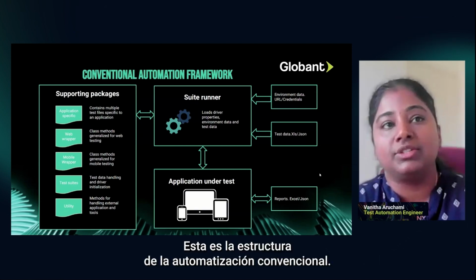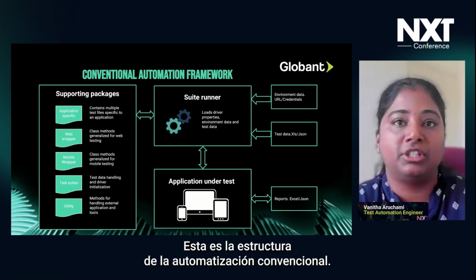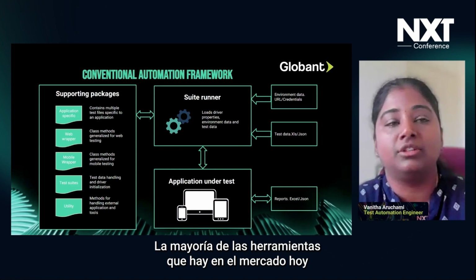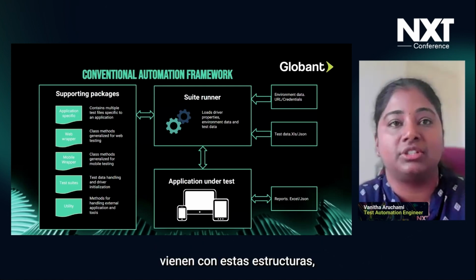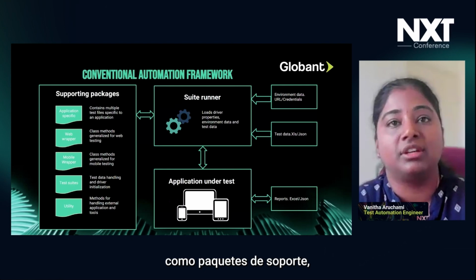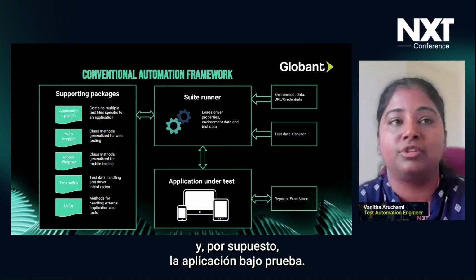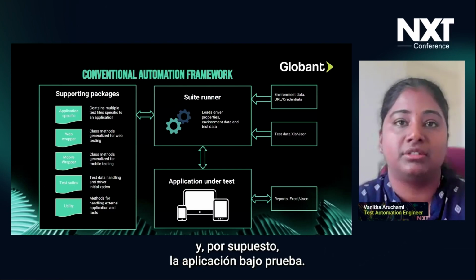So this is the structure of the conventional automation framework. Most of the tools we have in the market currently come with these structures: supporting packages, suite runner, and of course the application and a test.